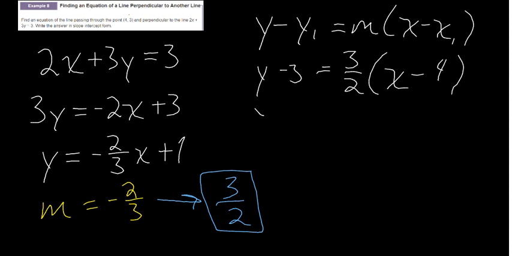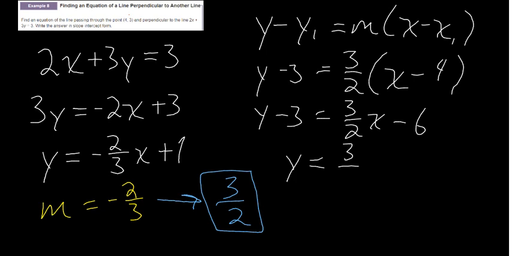So we have y minus 3 is equal to 3/2 x minus, well, 3/2 times 4, that's going to be 6. Okay, and then for y minus 3, we're going to add 3 to both sides. So we're going to have y is equal to 3/2 x minus 3, right? Because I add 3 to both sides.